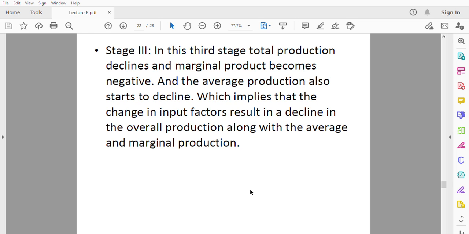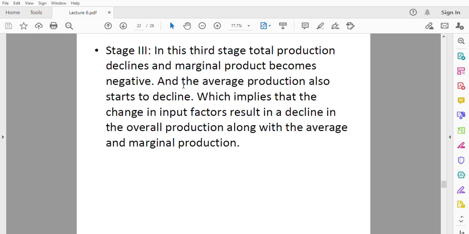And we have stage 3. Stage 3 is a stage where total product declines because marginal product has become negative. So when your total product is declining, that means you are not operating at a very good stage. It is a point where so much of the variable factor has been employed over the fixed factor that production has even started going down.